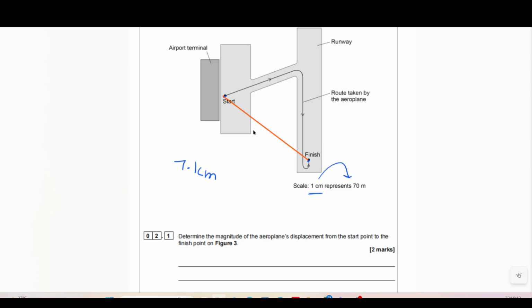Whatever centimeter value you get, you have to multiply it by 70. Through the marking scheme I know that this is going to be 7.1 centimeters, because 1 centimeter equals 70 meters, so times 70 gives the exact answer, which is 497 meters. Did you get it? Yep. Good.